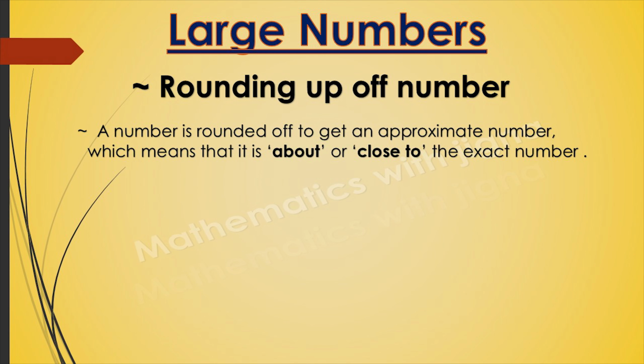So, a number is rounded off to get an approximate number, which means close to the exact number. To round off a number to the nearest desired place value, we should consider the digit at the next lower place value and compare it with 5. We observe some rules first.